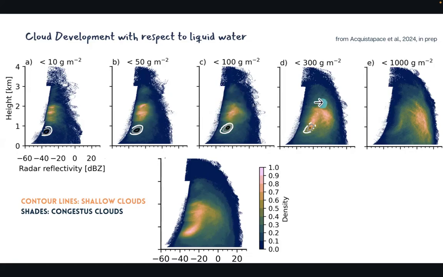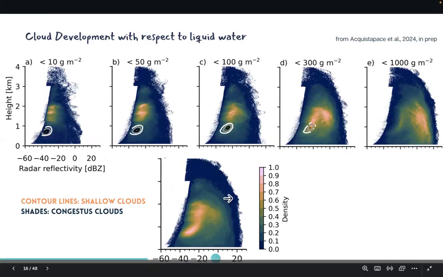And between this range and this range, you start to have the onset of precipitation. Reflectivity is increasing from minus 20 to higher values. And you also start to see a trend of high reflectivity values that decrease in altitude. This is basically due to the cloud starting to precipitate. And here you can see clearly that it goes to the ground.